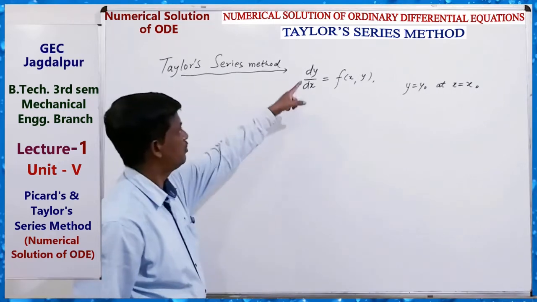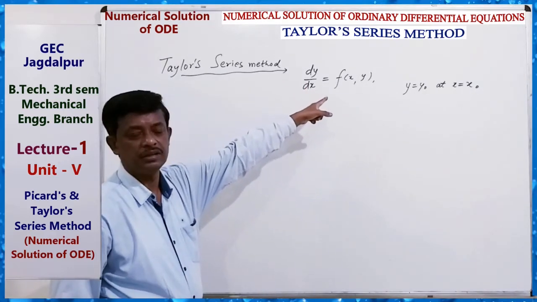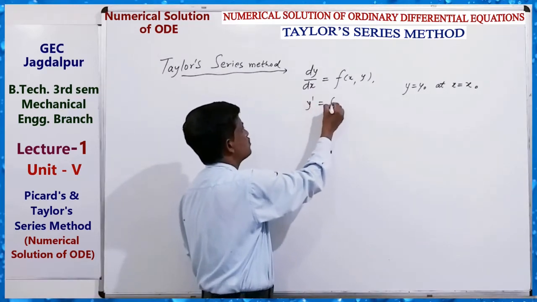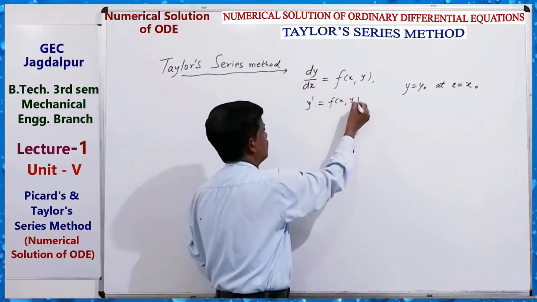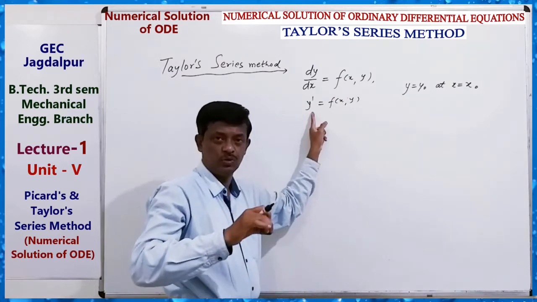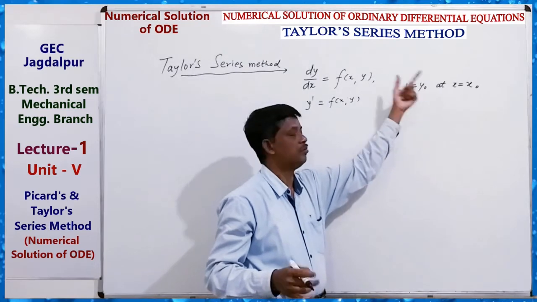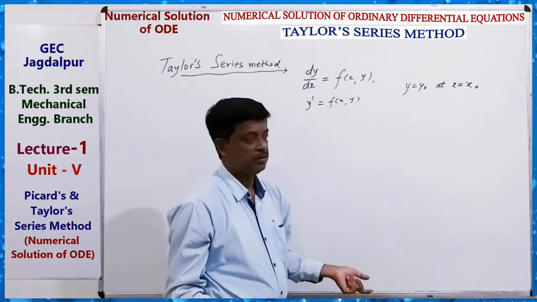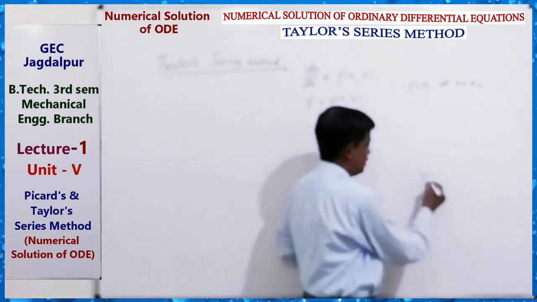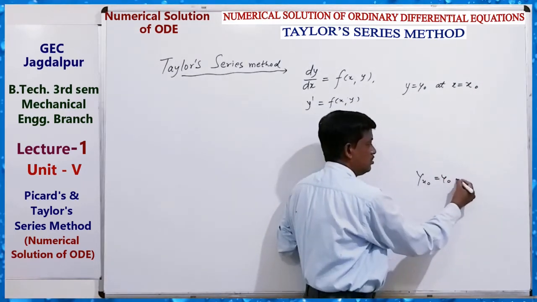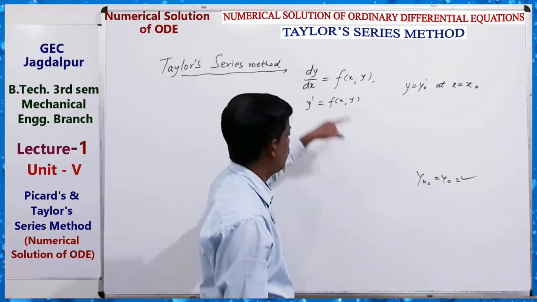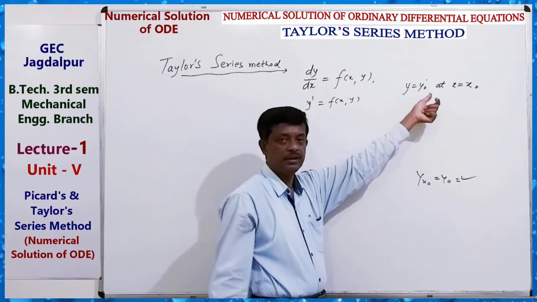Y dash equals f(x,y). Now we require y at 0. Y at 0 means y at x0, which is y0. This value is given. So y at 0 is given.